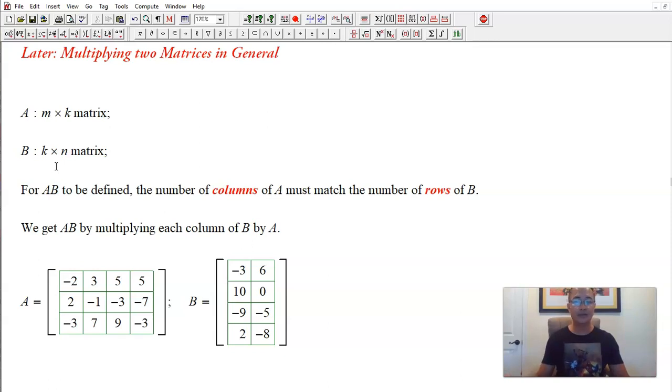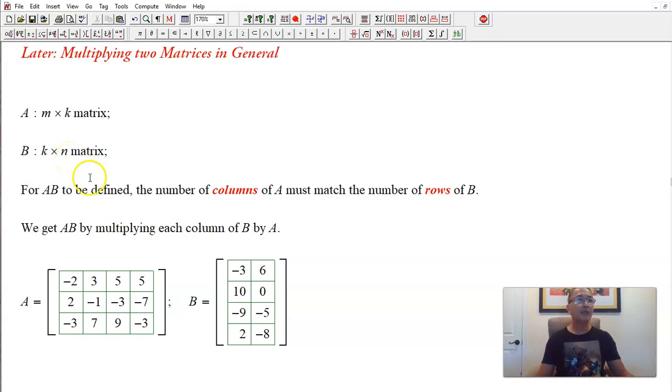So we already saw that if you have A times x, then the number of components in x must be the same as the number of columns in A. So that generalizes to a bigger matrix B instead of just 1 column. So the requirement is that the number of columns in A, which is k in this notation, must be the number of rows in B, which is in this notation.